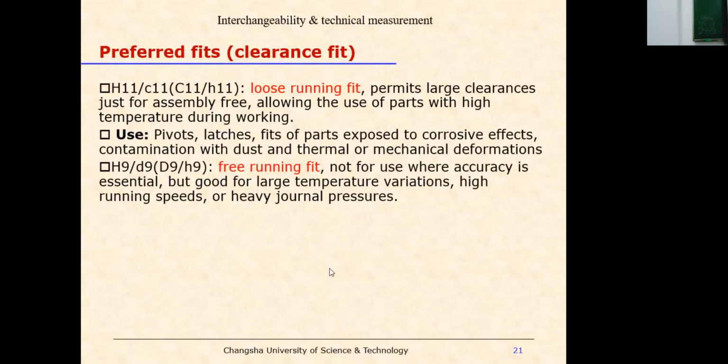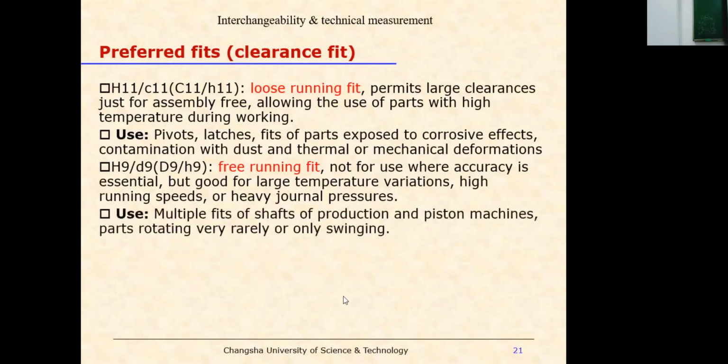The free running fit is used in multiple bearings of shafts of production and piston machines, and parts rotating very rarely or only swinging. This pressure is higher than this one. This is for a lot of deformation.